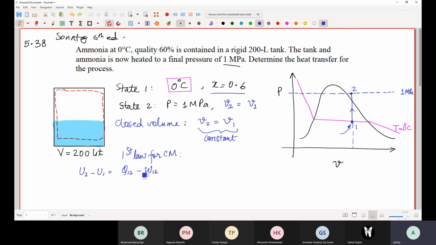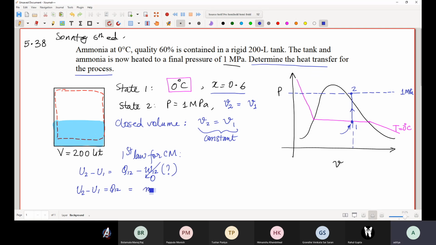Now the question arises whether we have some work done. Is there some work done in the system? Anyone? No. So there is no work done because the boundaries are all rigid. This is identically equal to 0. So we have U2 minus U1 is equal to Q12, and that is the heat transfer that we must determine.